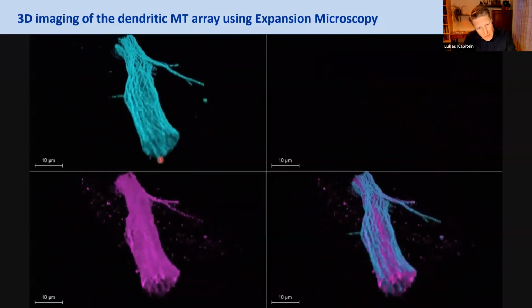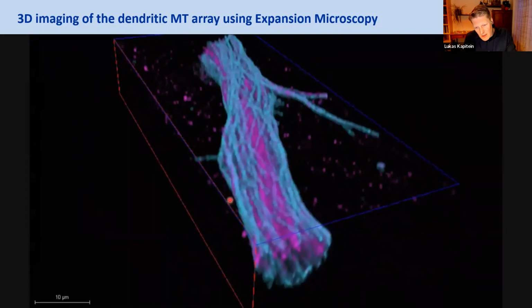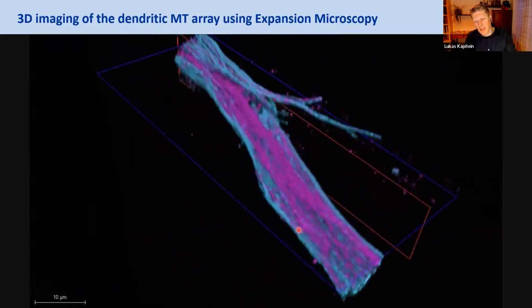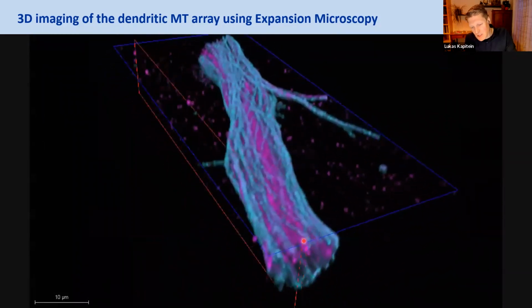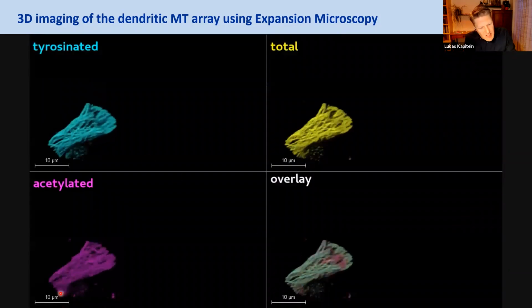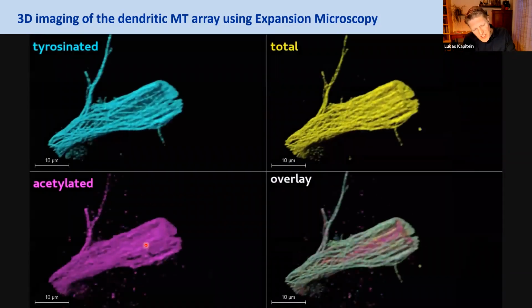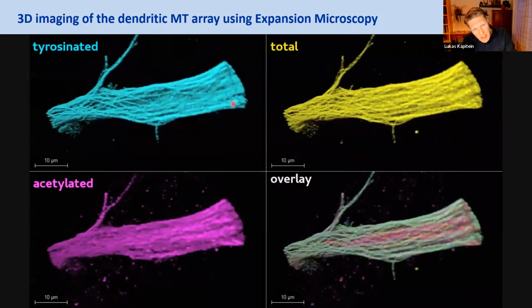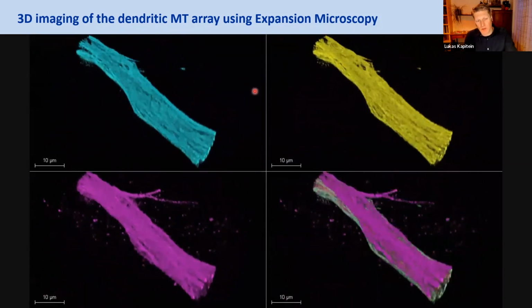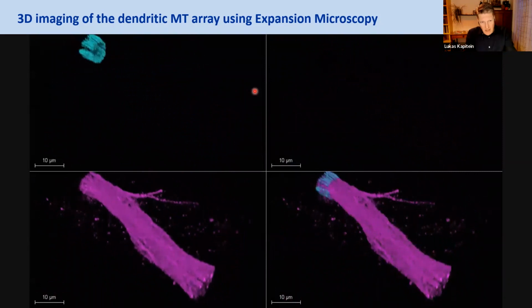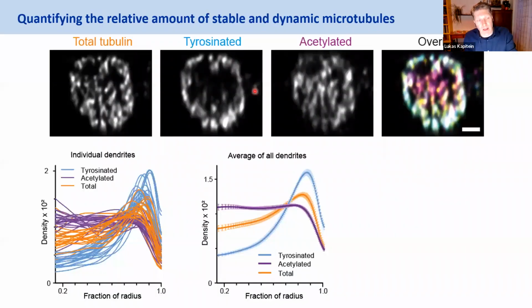And I hope you appreciate from these videos that actually the organization in 3 dimensions is even more remarkable than in 2 dimensions, and that we keep seeing a stable core, a core of stable microtubules surrounded by a shell of dynamic microtubules, which mostly are polymerizing close to the plasma membrane. And here you see it also in a cross-section. So this is all the microtubules in a cross-section, tyrosinated microtubules, the dynamic ones, and the stable ones. And so you clearly see a non-overlapping organization.